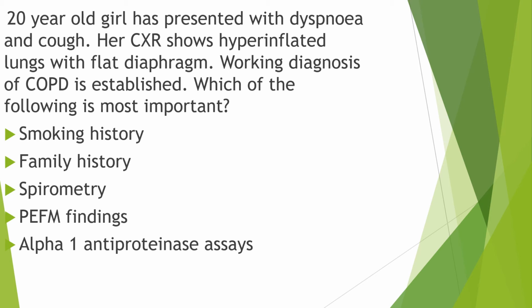The common age group is above 40 with a 10-year pack history of smoking. So if a very young patient presents with COPD, what you should always consider doing is alpha-1 antiproteinase assays. So here the right option is option E, alpha-1 antiproteinase assays.